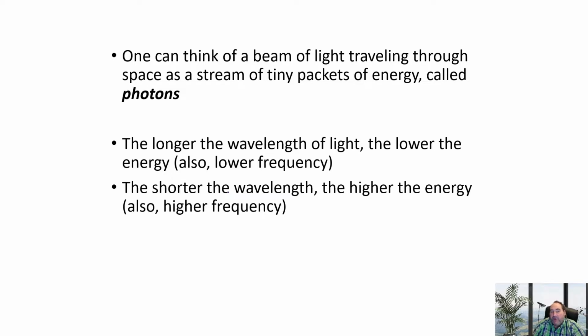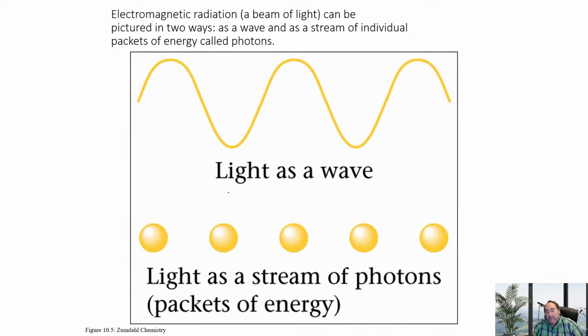The shorter the wavelength of light, the higher the frequency and the higher the energy associated with it. So this is the dual nature of light. We could think of it as having characteristics that are very much like waves, like we see on the top there, but we could also think of it as packets of energy, which is more like particle characteristics.